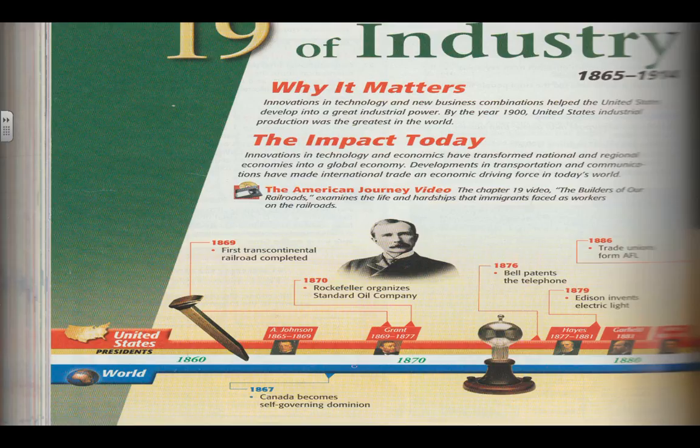So it starts off in 1865 and kind of goes further into history than what we've been so far. So the first major completion, speaking of industrial expansion, moving out west, 1869, May 10th, Promontory Point, Utah.